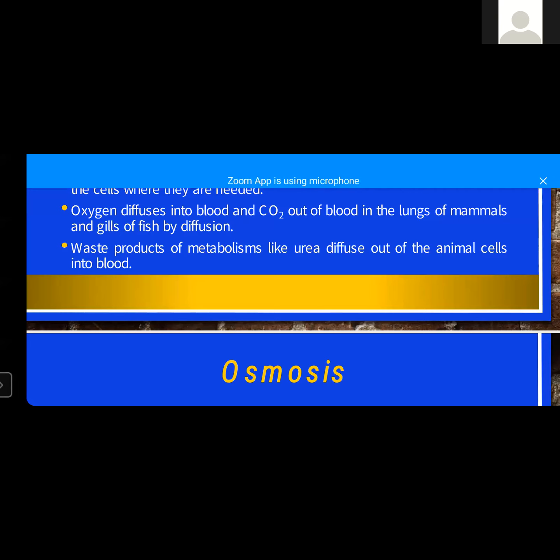Like if I use the example of plants, I think they're trying to say the water is moving from the soil to the shoot of the plant. So it's moving from an area of low concentration to an area of high concentration.